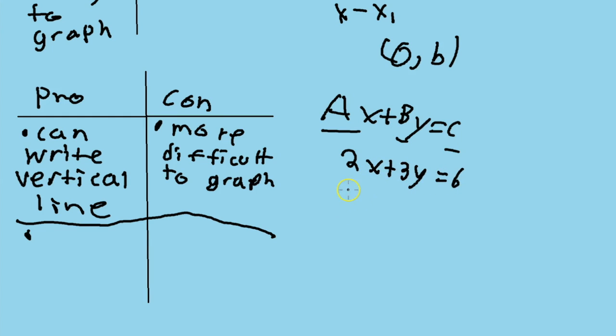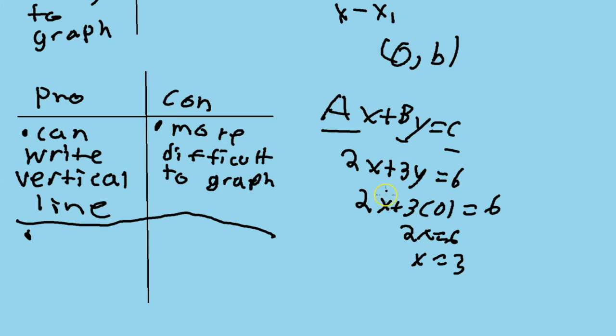To find the x-intercept, you just plug in 0 for y, and you get 2x equals 6, and therefore x equals 3. As simple as that, you get the x-intercept. So the x-intercept is easy to find.